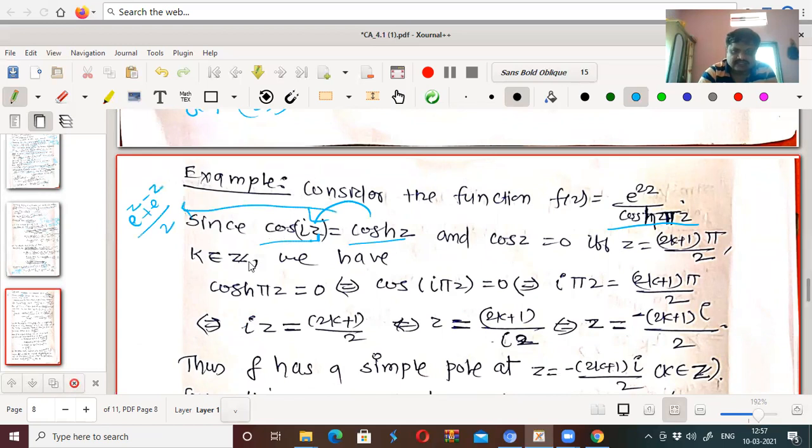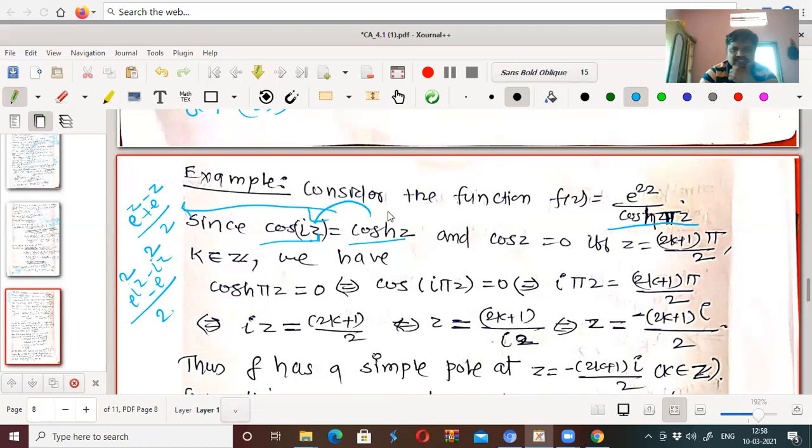And cos z is e to the power iz plus e to the power minus iz divided by 2.